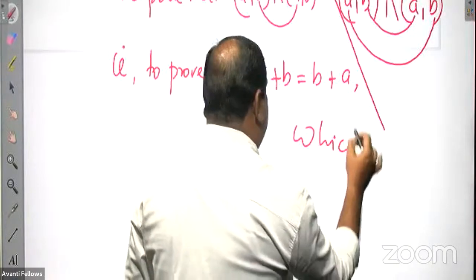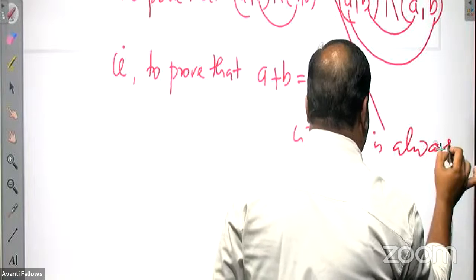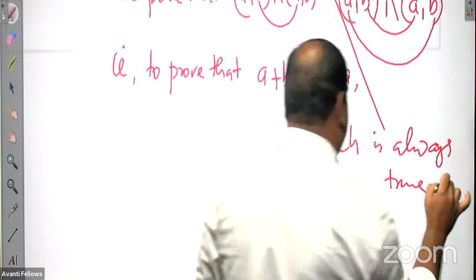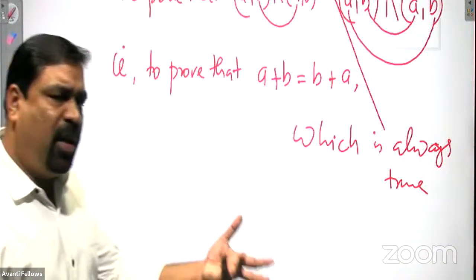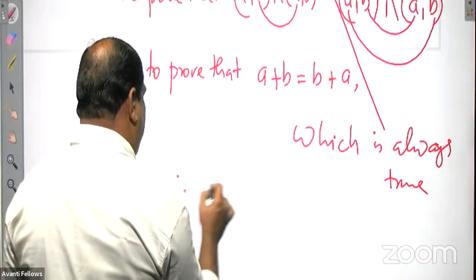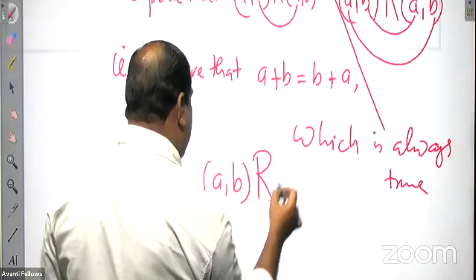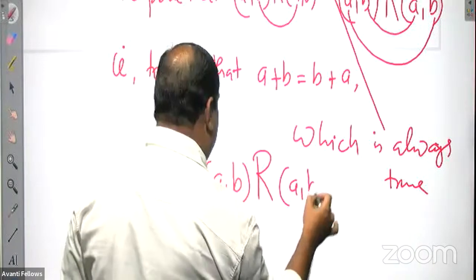We know this property, commutative property. A plus B is always B plus A for any real number also. So that means we have proved that every element AB is related to the same element itself.